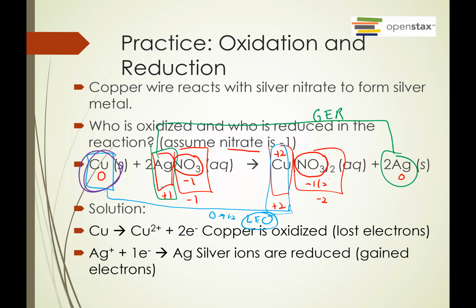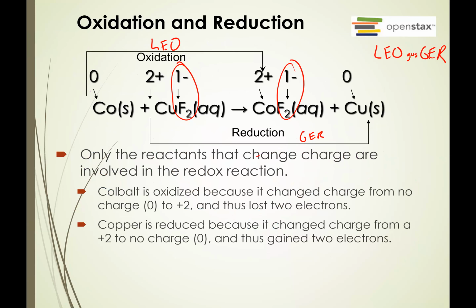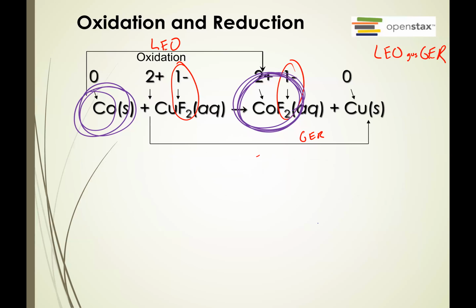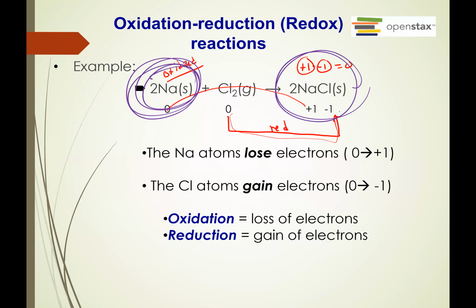Do you see how copper's by itself and then copper's with something else? That's your hint, it's oxidation reduction. If we go back, see how cobalt's by itself and then cobalt's with something else? That's your hint, oxidation reduction reaction. Do you see how sodium's by itself and now sodium's with something else? Oxidation reduction reaction.